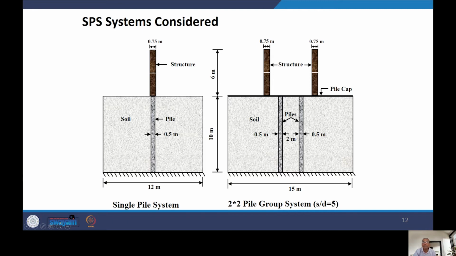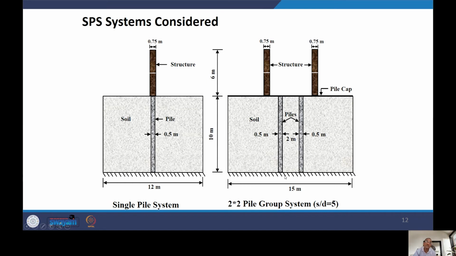When you consider the pile group, then the spacing between the piles is important. Here, in this case, this figure has been shown for the spacing ratio S by D equal to 5, where S is the center to center spacing between the piles. So you have a pile group here, and on the top, rather than a single column, you have a group of columns also here.